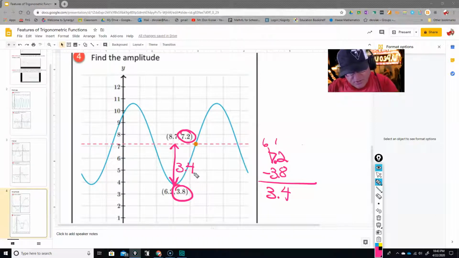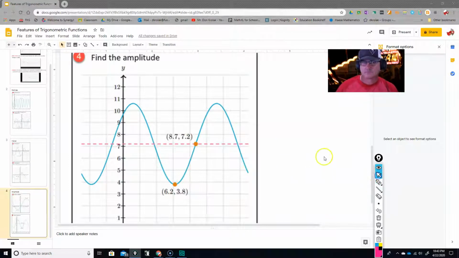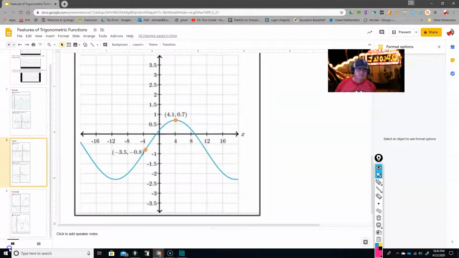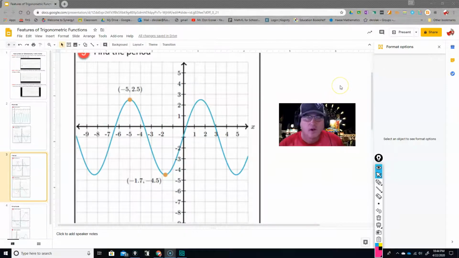The last two problems deal with the period. Okay, find the period. If we can figure out the coordinates between two high points, or two low points, these two or these two, but I don't know any of those.